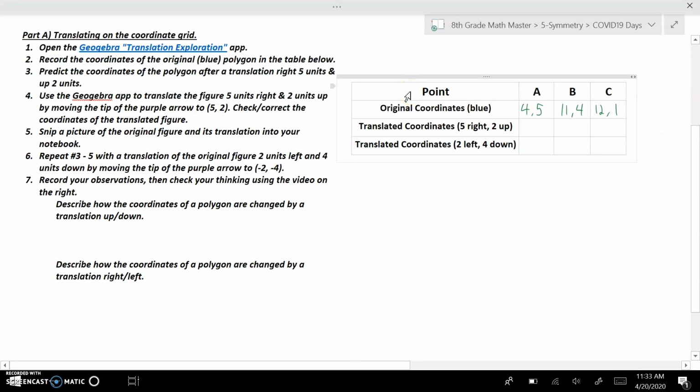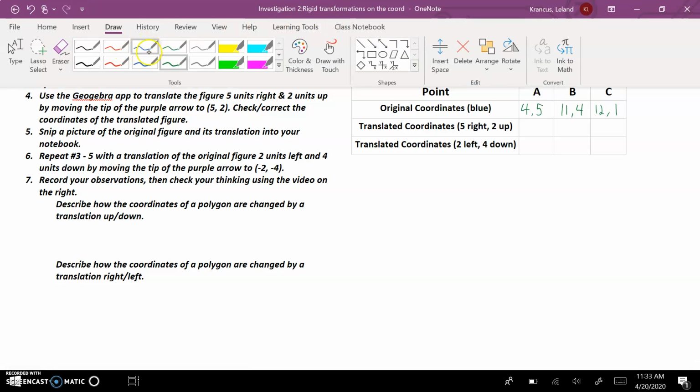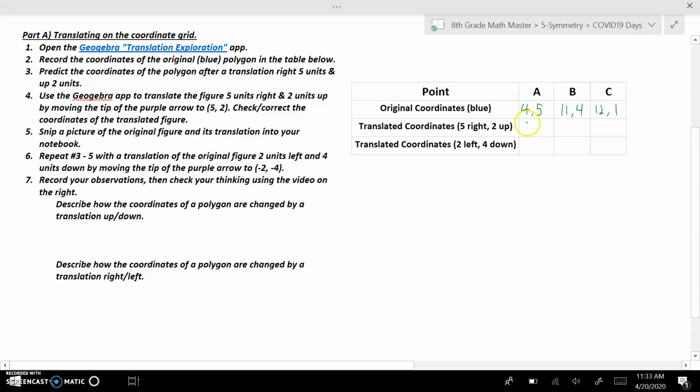So when we did that, and you correct your predictions and check them, you'll notice A ended up at (9, 7), B ended up at (16, 6), and C ended up at (17, 3).